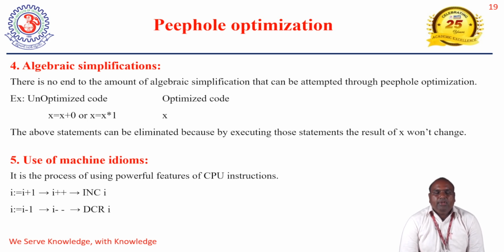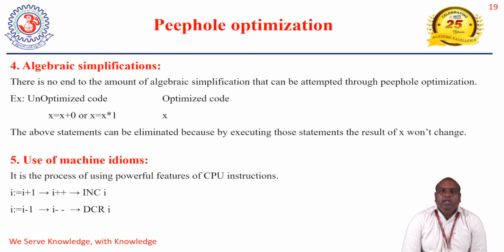If you add 0 to the variable x, it is the same; if you do x equal to x star 1, it is also the same. Instead of doing these extra operations or instructions, I will use the direct x value in the code. It will automatically reduce the number of instructions and the compilation time. This is also one of the optimization techniques under peephole optimization.